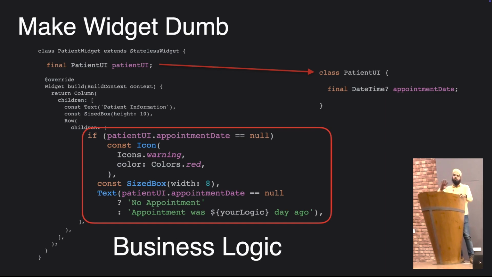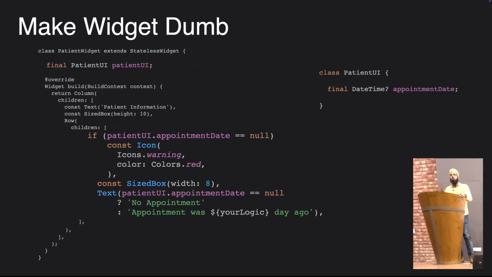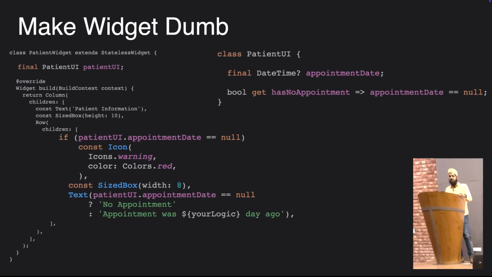It should be moved to your patient UI. How exactly? For example, if you are checking the appointment date here, you can create a separate method called has no appointment. It's more readable, and you can replace that condition with that method here. So now the widget doesn't know anything about what validation is happening. You just transferred it to the patient UI.